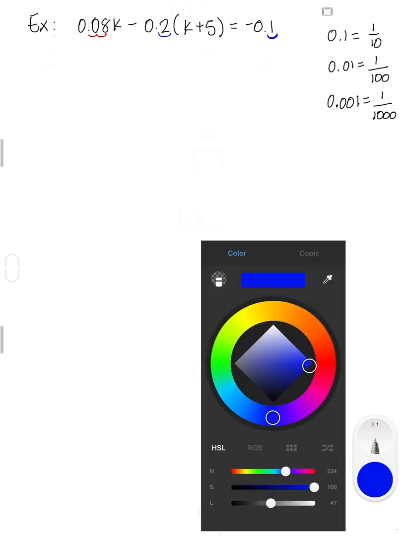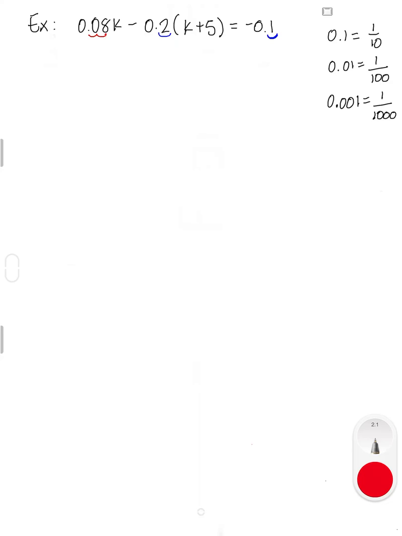So we can conclude that the smallest power of 10, in this case, comes from 0.08, which is 1 over 100.